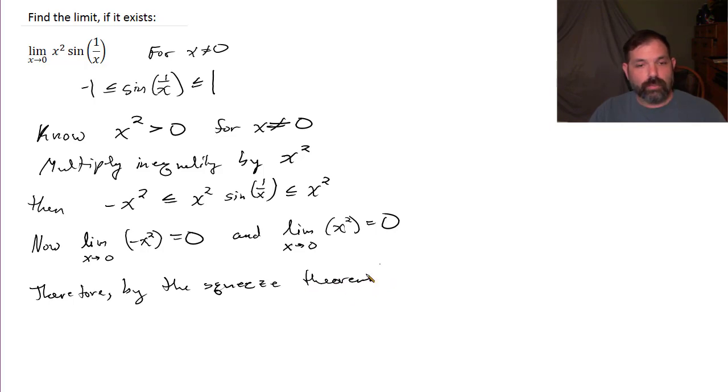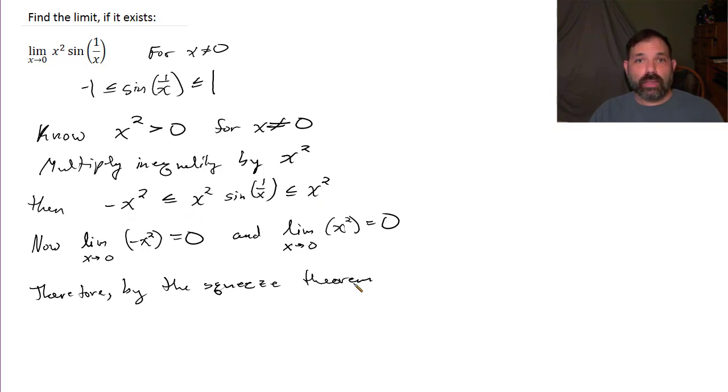what do we know? Let's see, what is this telling us? We've shown that x squared sine 1 over x is between two other functions. It must be contained between negative x squared and positive x squared.